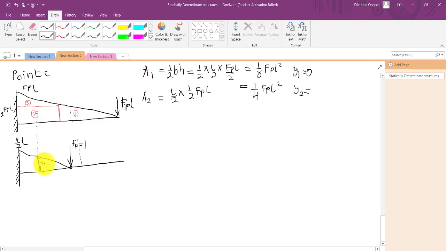So this is y2. We know that from here up to here would be L over 4, if this is L over 2.